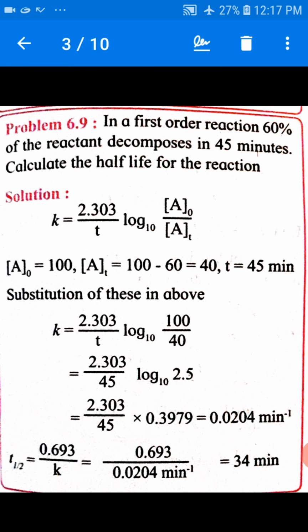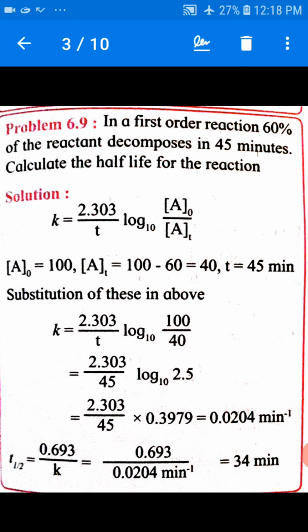of 100 upon 40, that is 2.303 upon 45 log base 10 of 2.5, which is equal to 2.303 upon 45 into log of 2.5, that is characteristic 0 and mantissa 3979.